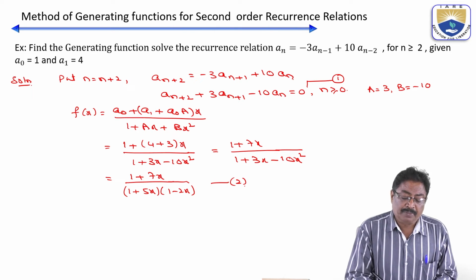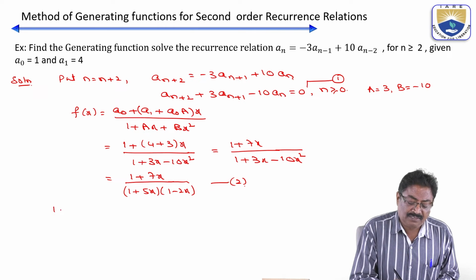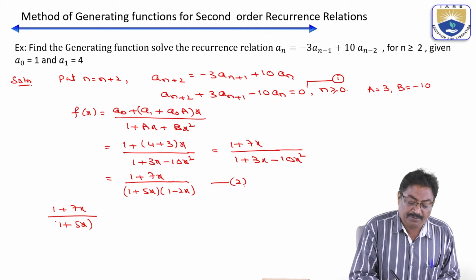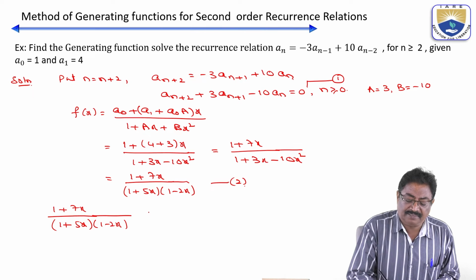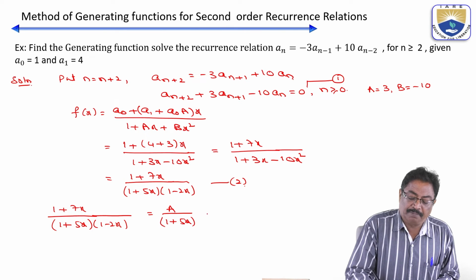Once again, by using partial fractions, 1 plus 7x by 1 plus 5x into 1 minus 2x is a by 1 plus 5x plus b by 1 minus 2x.